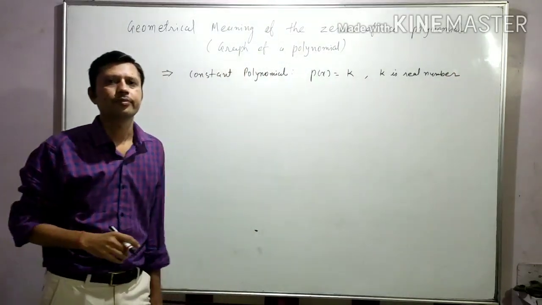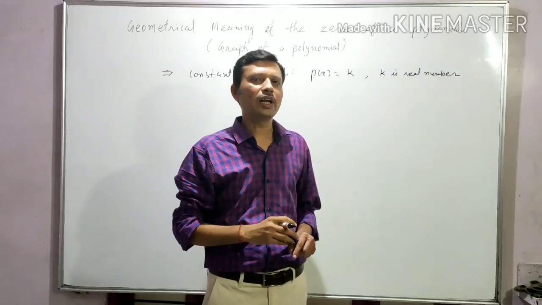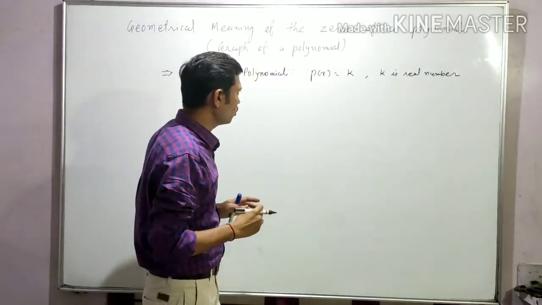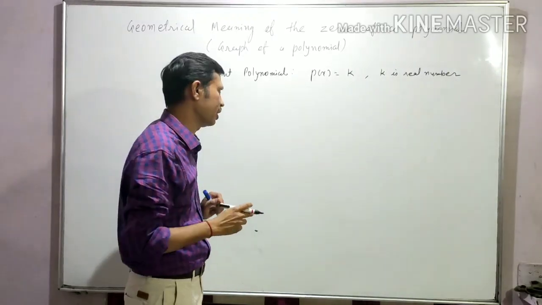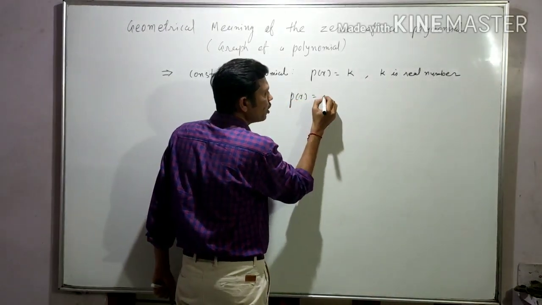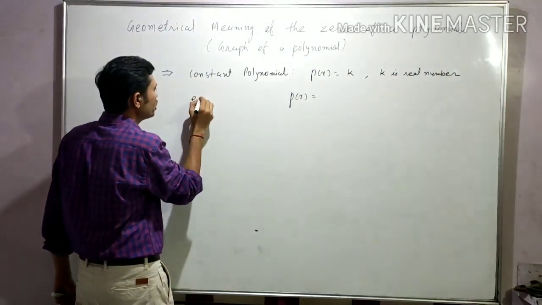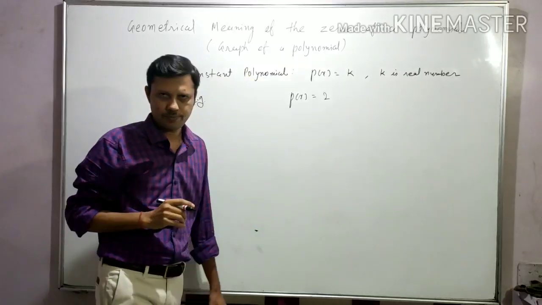A real number. Okay, now as for the graph, you know that if you want to plot a graph, you need the x coordinate as well as the y coordinate. So my polynomial p of x is equal to, suppose to plot the graph, we are taking one example, p of x is equal to, for example, 2.